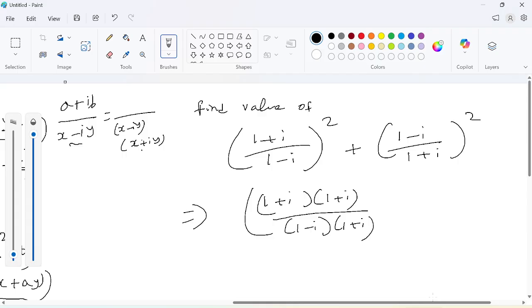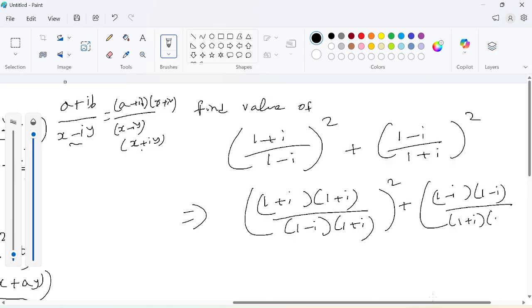Same here also. Here I have to multiply both numerator and denominator with 1 plus i. So again, this is whole square, plus (1 - i) into (1 - i) by (1 + i) into (1 - i), whole square.